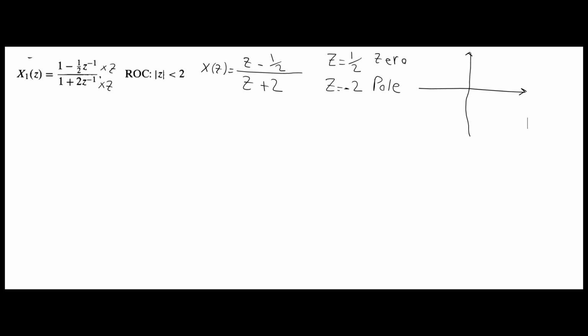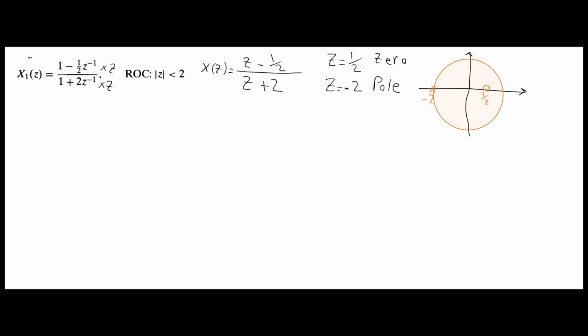Now let's draw the pole zero diagram. We represent the zero with a circle at z equals 1/2 and the pole with a cross at z equals minus 2. The problem also specifies that the ROC satisfies the magnitude of z is less than 2.